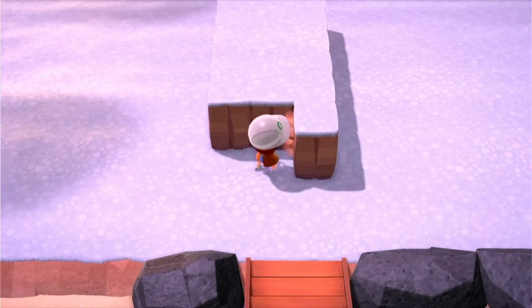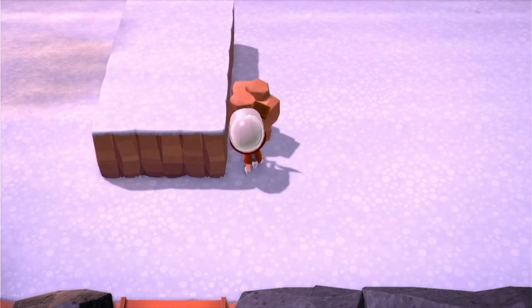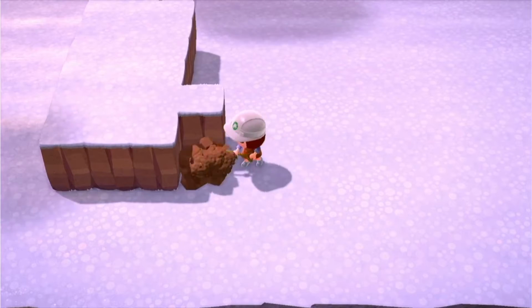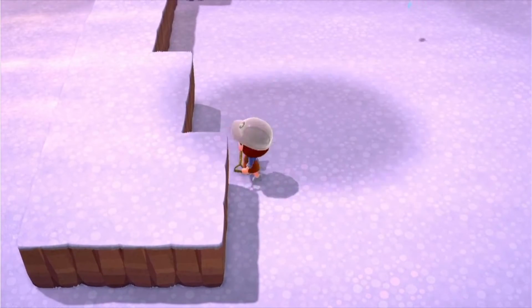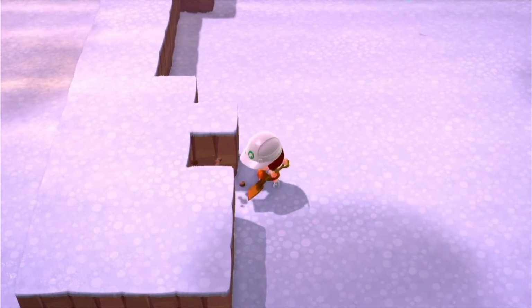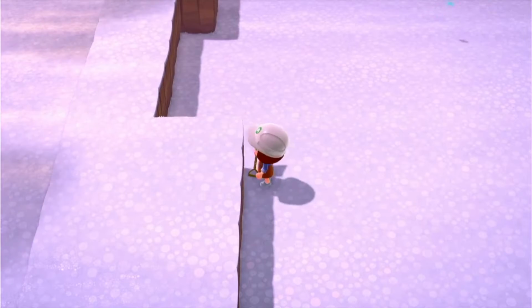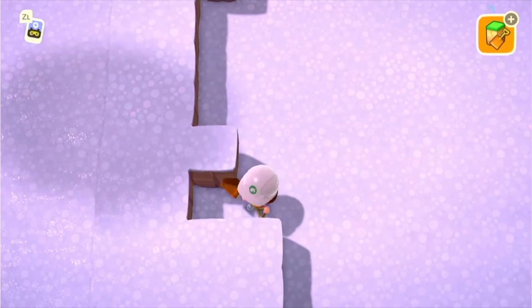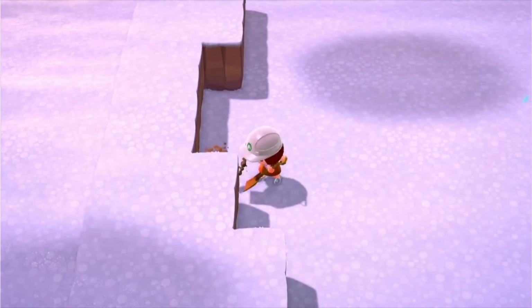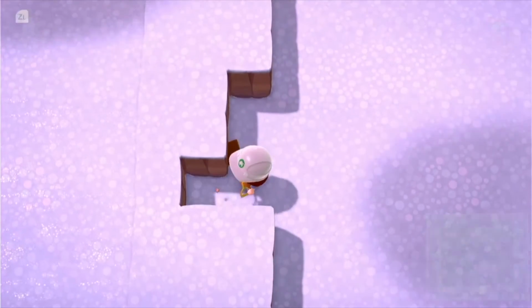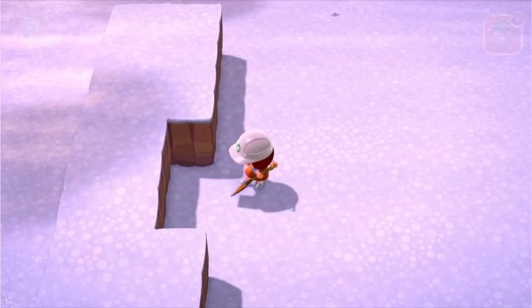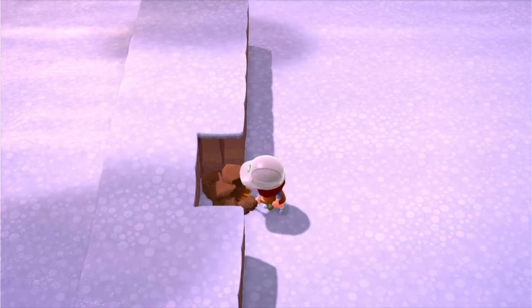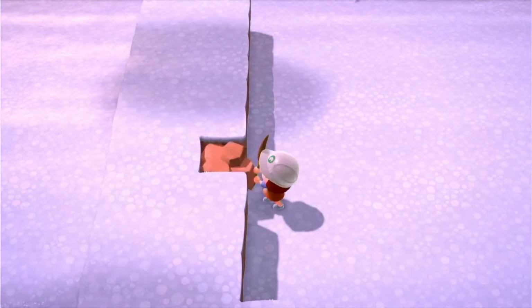So I think a dream address is probably the way to go, which kind of sucks because that means the entrance will have to start technically at resident services, which isn't too bad. It's really not. I did my best to make it work, but while I was going through this, I did come up with a few new ideas for the island itself.